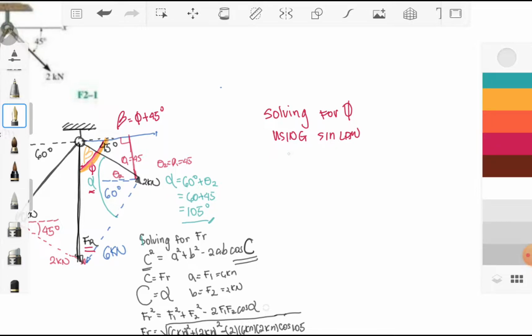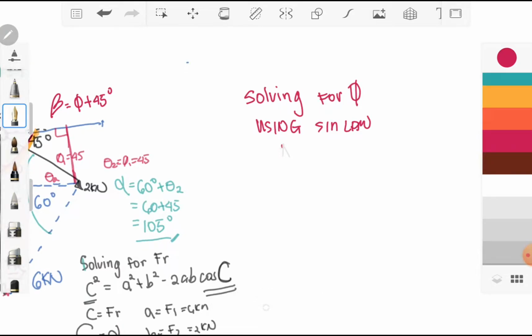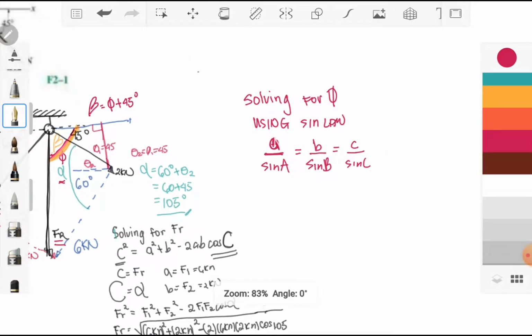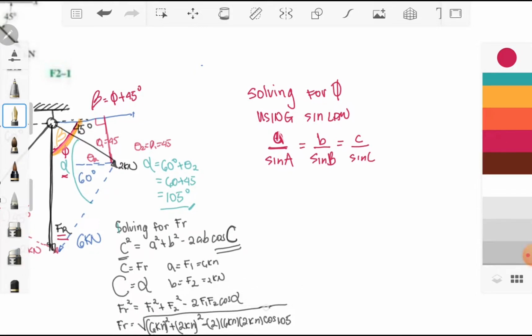Wherein we have small a divided by sine capital A, which indicates your angle, is equal to b over sine B, which is also equal to c divided by sine C. Take note that capital A, capital B, and capital C are the angles opposite to your side a, side b, and side c.